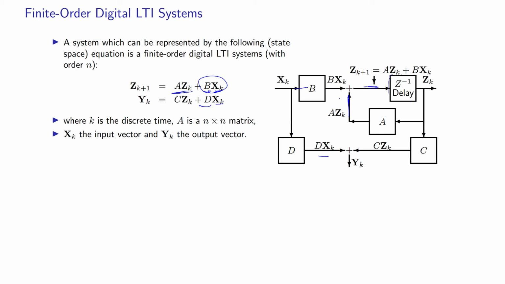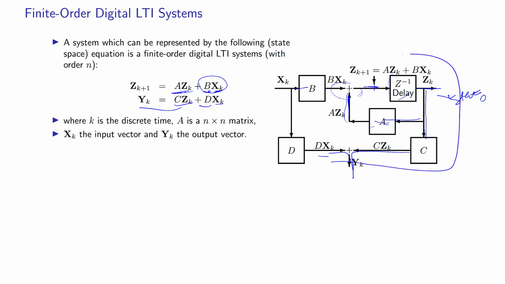So this is an array of delay units, because this is a vector. Then this is used to calculate the output, because you multiply it by C and then calculate the output here. But you also multiply it by A to calculate the next state. Okay, so this is the state, and this is the output.